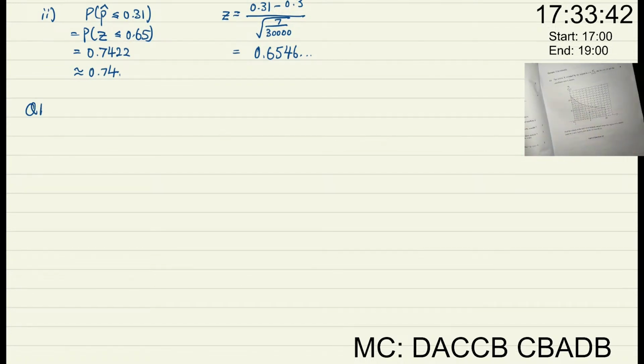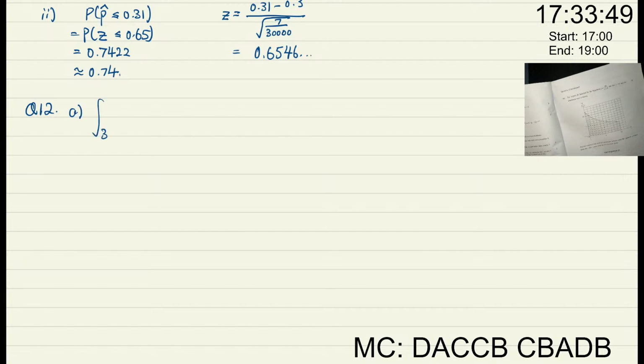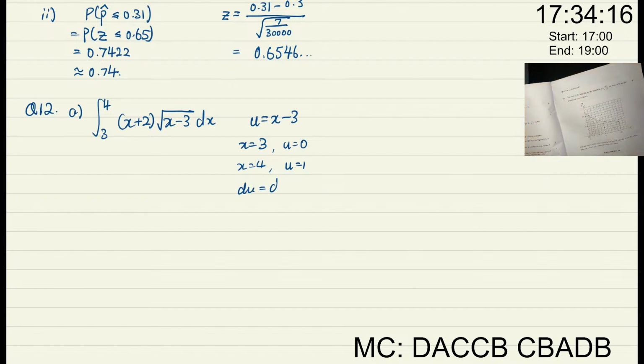Now we're up to question 12. Evaluate. I hate evaluate. Nothing I enjoy less than subbing in values. Okay, and they're keen on you using u equals x minus 3. So we'll go with that. x equals 3, u equals 0, x equals 4, u equals 1, and du equals dx, so no issues there.